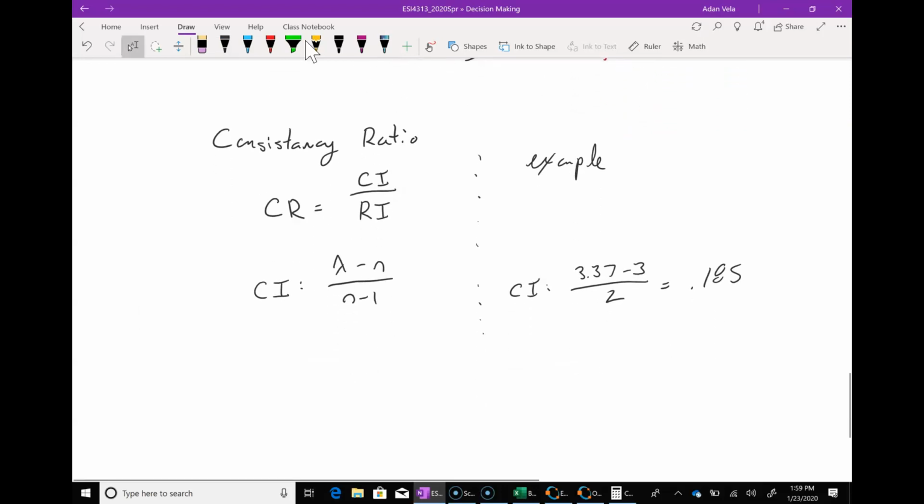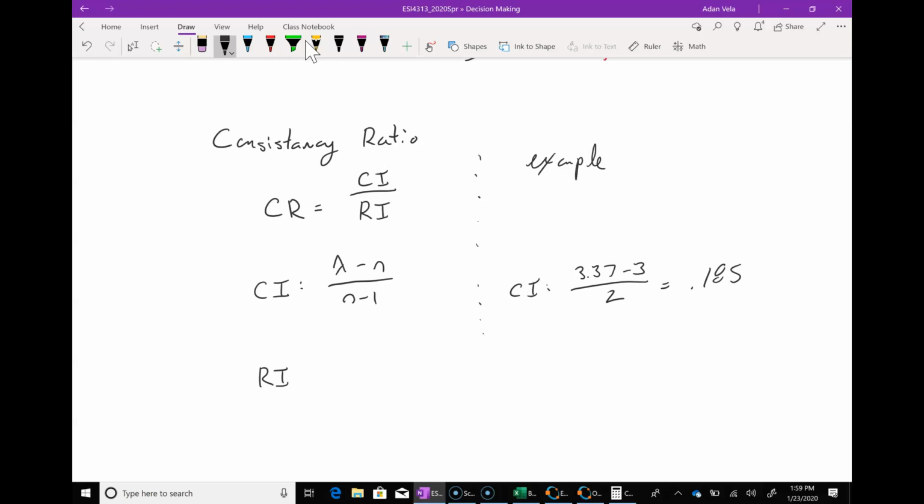Now, this RI, it's actually really neat how they did it. There's a whole paper. Basically, they generated a whole bunch of random matrices and calculated what the average consistency index was. So if you have a random comparison matrix, what is the CI for that random matrix?